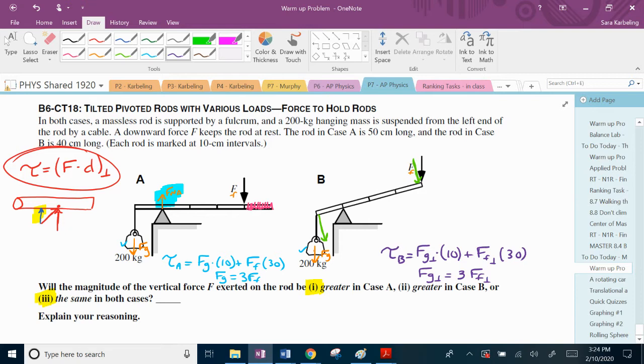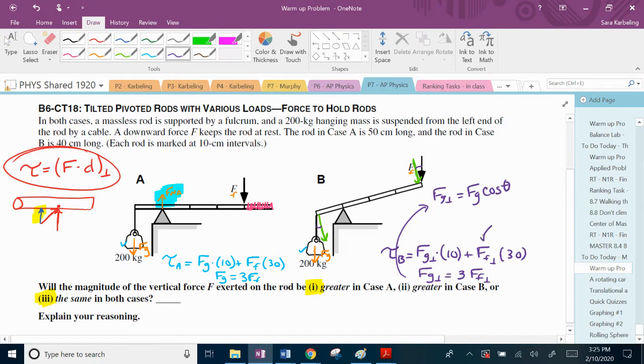How does Fg here compare to Fg here? They're the same, right? So if we write this out, if I use this angle here and this angle here, Fg perpendicular is what? Fg times the cosine of theta.